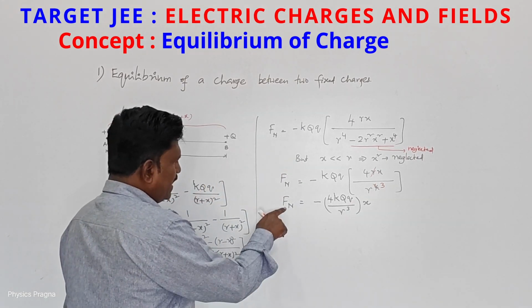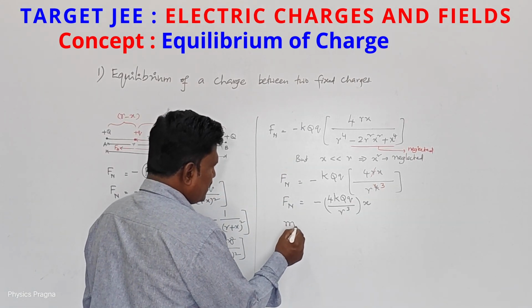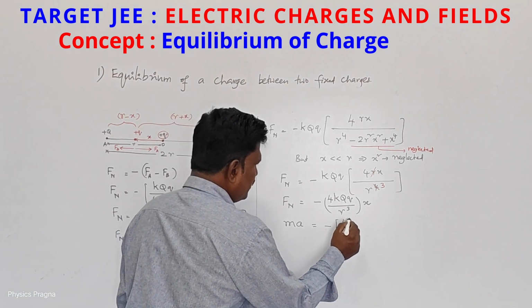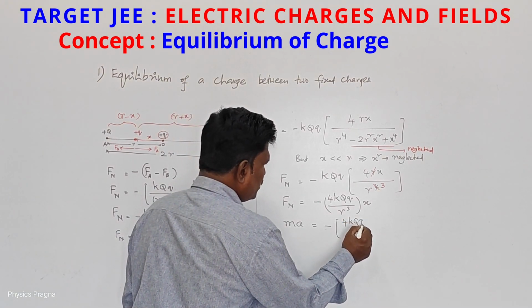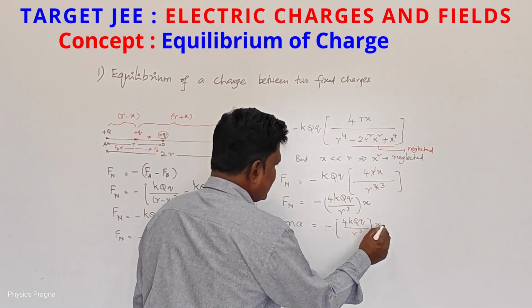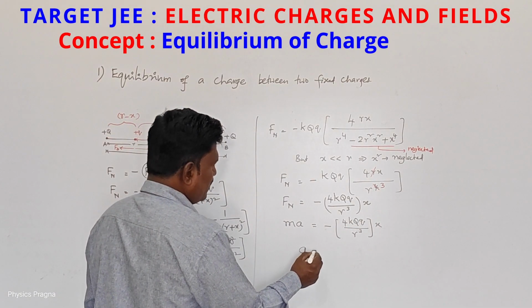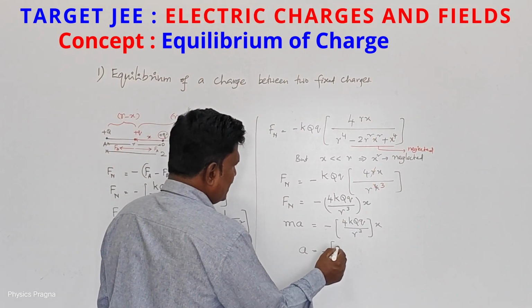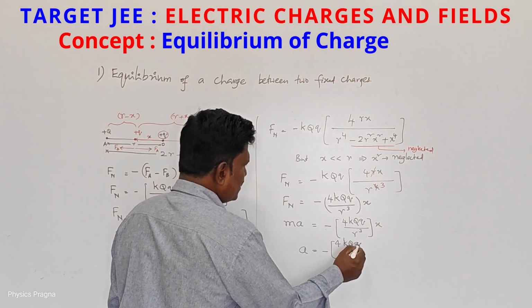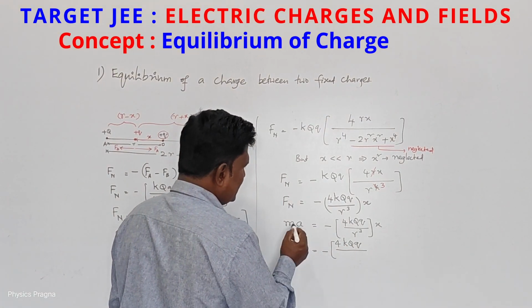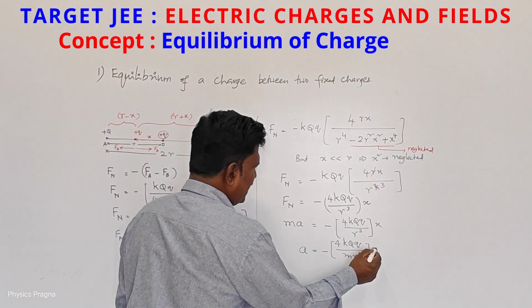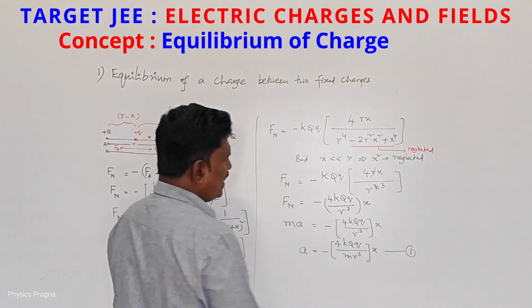We know the net force formula F is equal to ma. So a is equal to minus 4K Q small q by m r cube into x. This is equation 1.